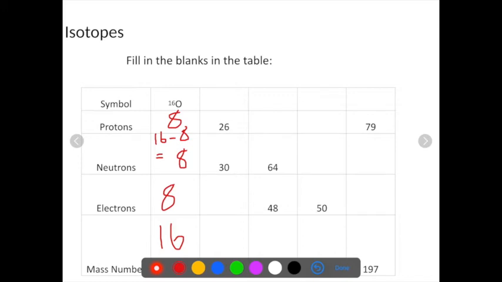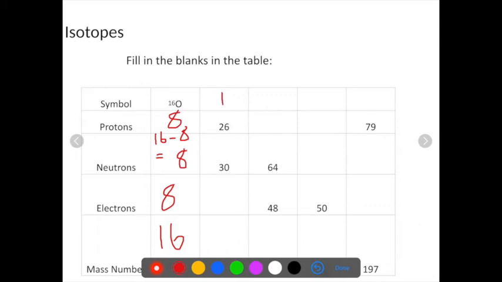On the next one, they don't give us a symbol. They just give us the number of protons and neutrons, so we have to figure out what element we have. We're looking for an element with 26 protons. You should see that that's iron.